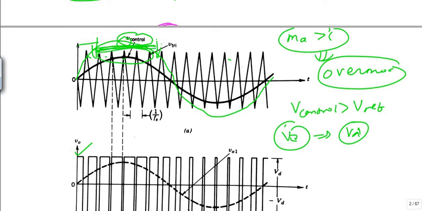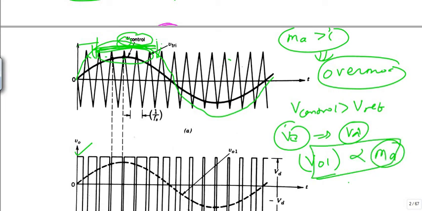Previously we saw that the fundamental output component is proportional to MA, but in this case, because of the non-interaction, this linearity does not hold good and is not valid.